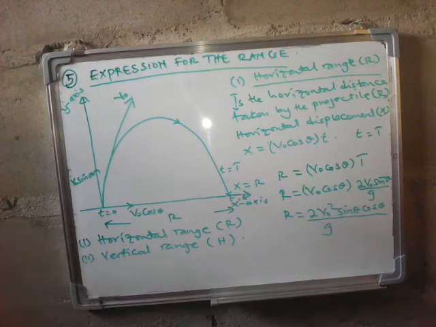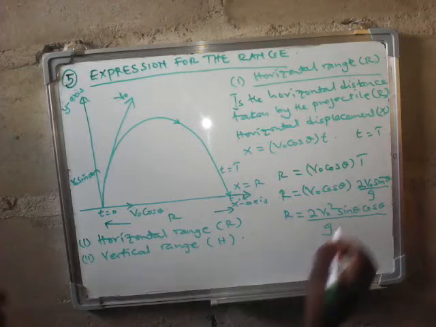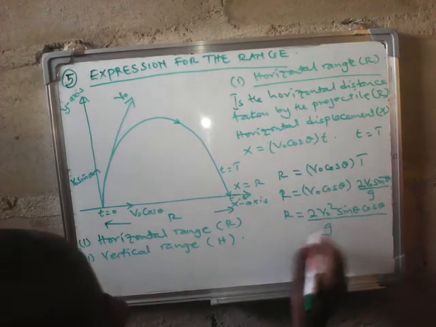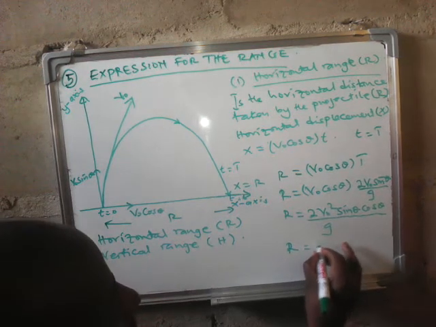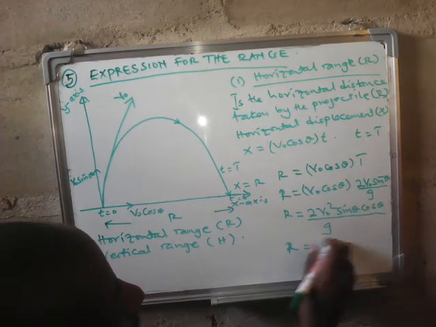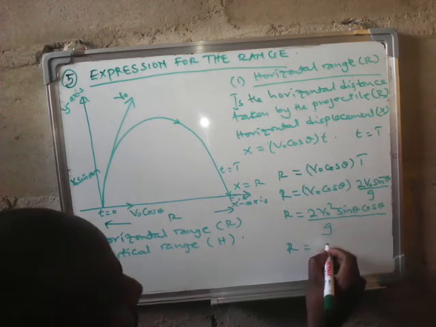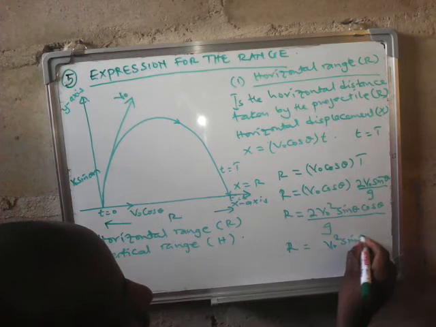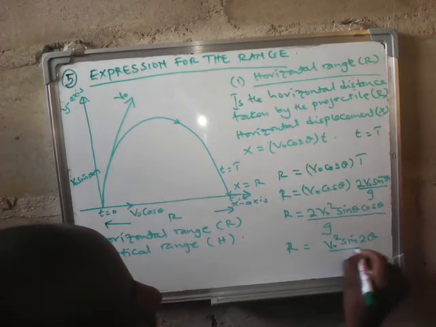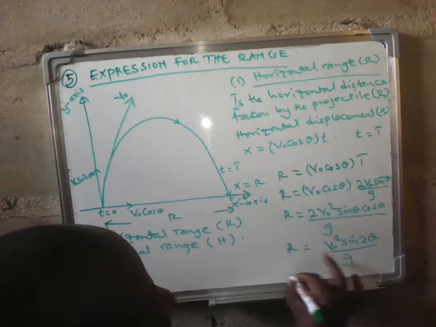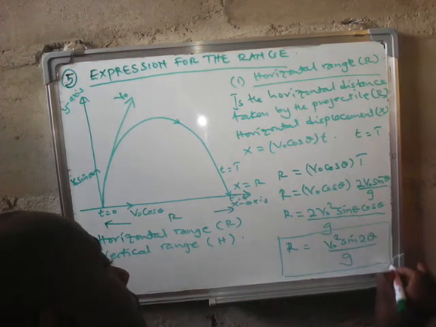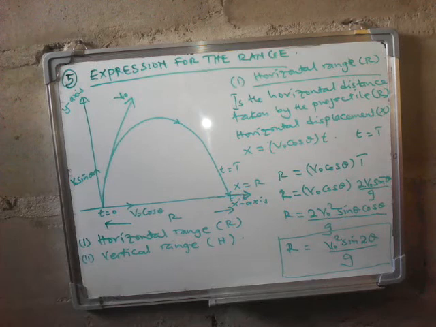If you remember the double angle formulas in mathematics, sine theta cos theta times 2 becomes sine 2 theta, so R is equal to v naught squared sine 2 theta divided by g. This is what we call the horizontal range.